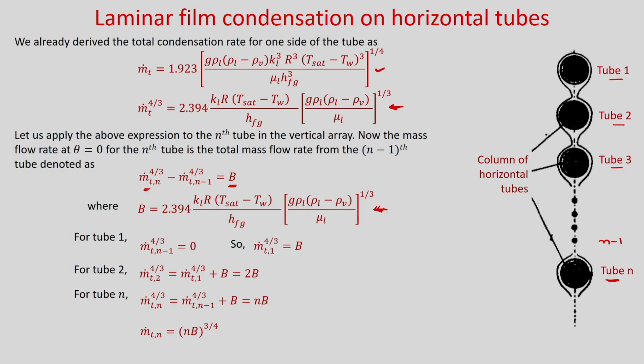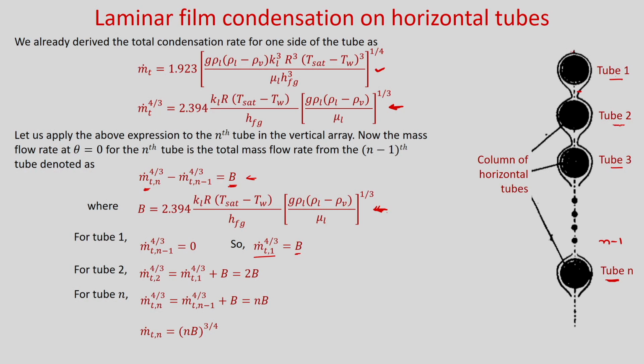Okay. Now, you see when you are considering tube 1, this incoming mass flow rate is 0. So, you can see that m dot t 1 from tube 1, m dot t 1 to the power 4 by 3, is equal to b from this expression, because n minus 1 is 0.